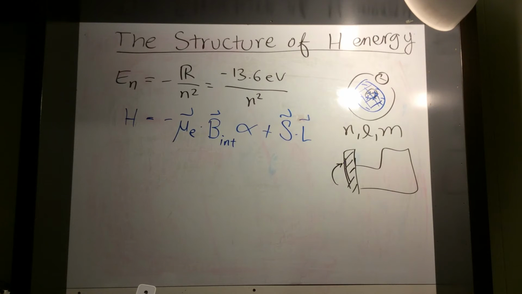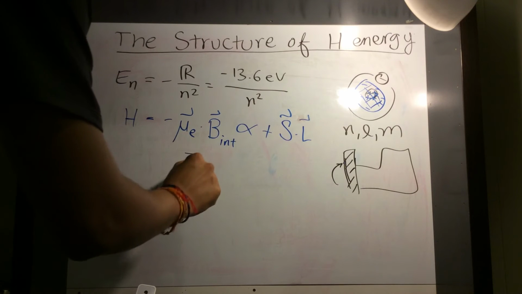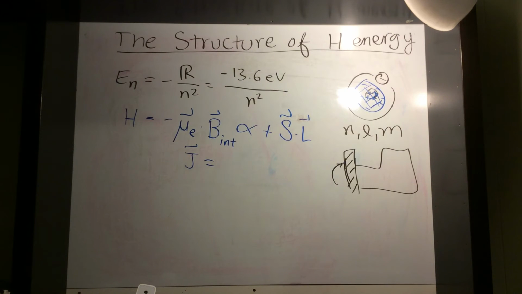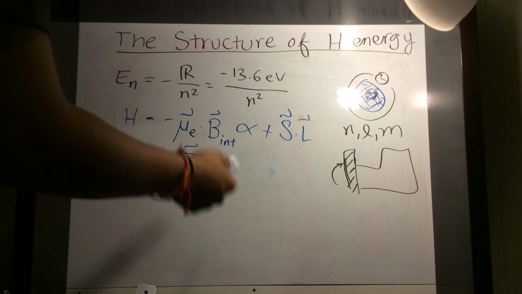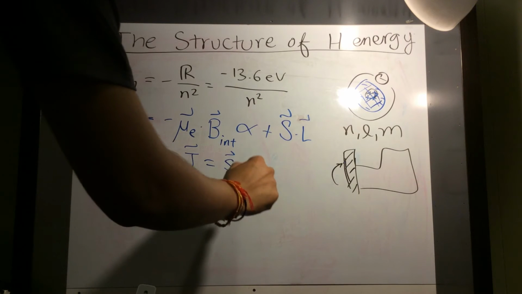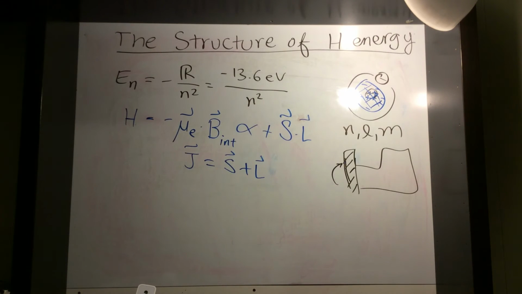So you won't be able to know the z component of S and the z component of L at the same time. They are coupled with each other. So you can define this value called J, which is the total of the spin angular momentum and the position angular momentum.